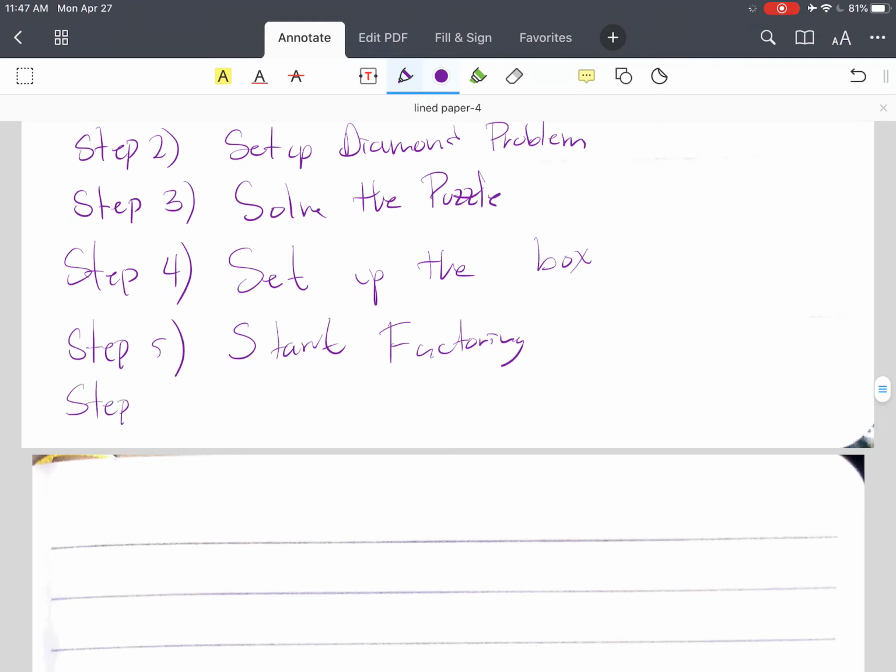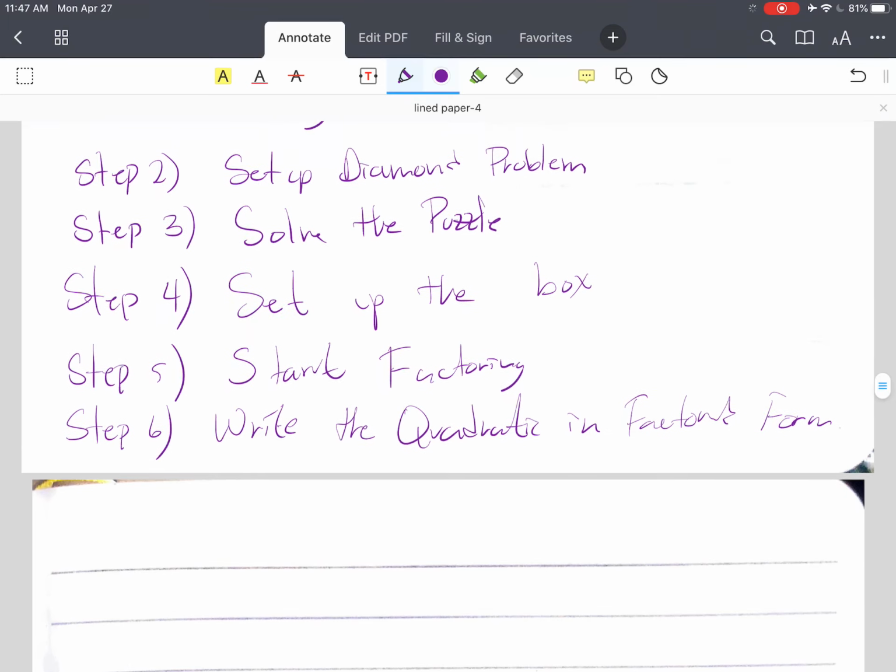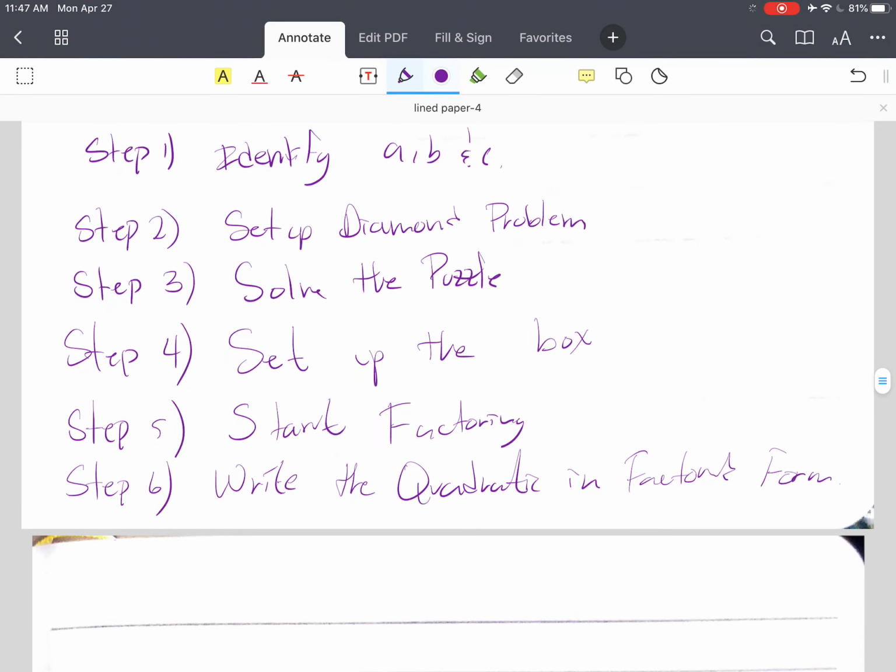Find those numbers on the outside. And then once you fully finish factoring, write the quadratic in factored form.